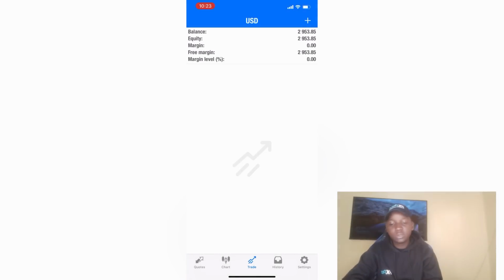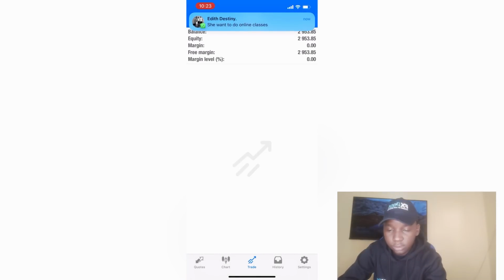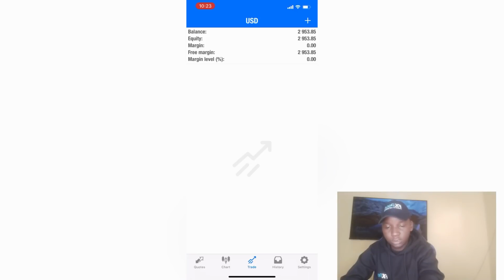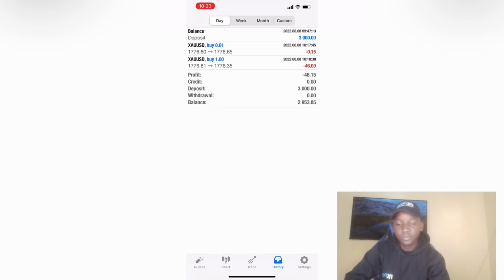So after I close these orders, I've taken a loss. Because my balance was $3,000, it has been deducted with this loss. Now this loss goes to the next part, which is history. So let's go to history. In this part, you will see all the deposits that you have made, all the withdrawals that you have made, and all the trades that you have made.